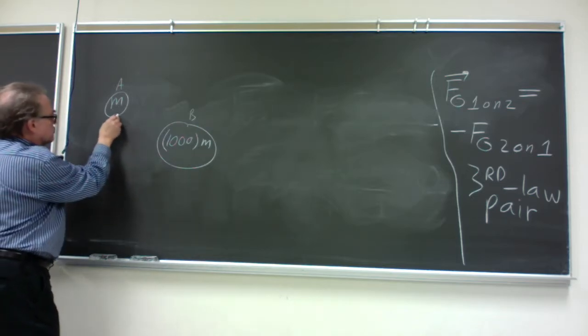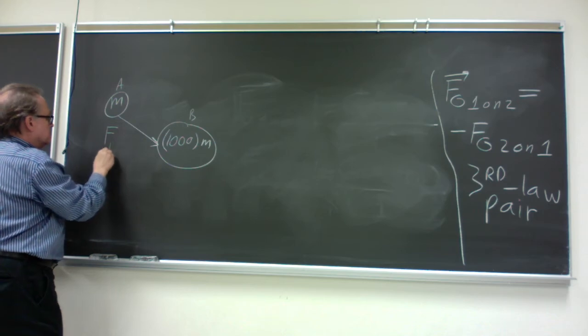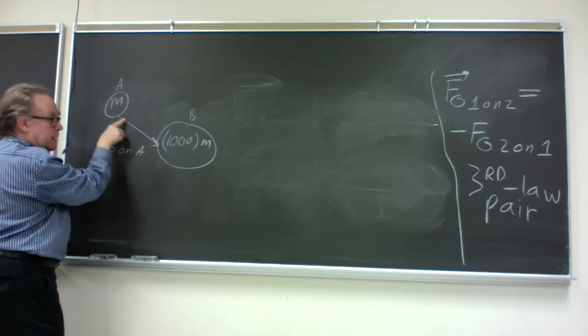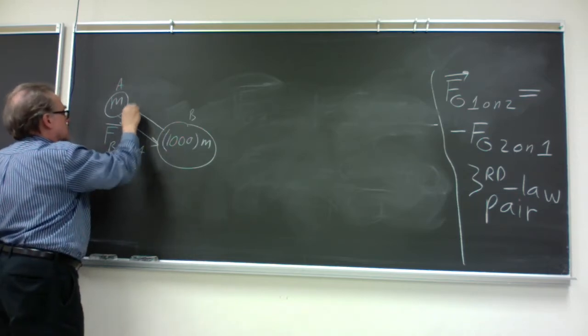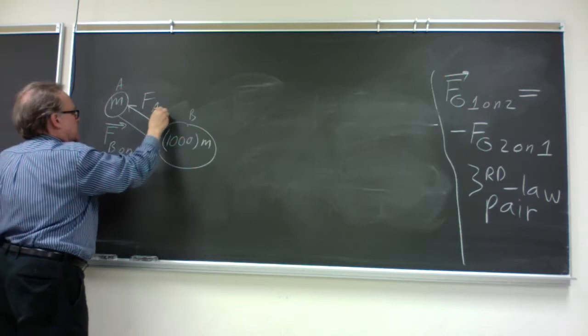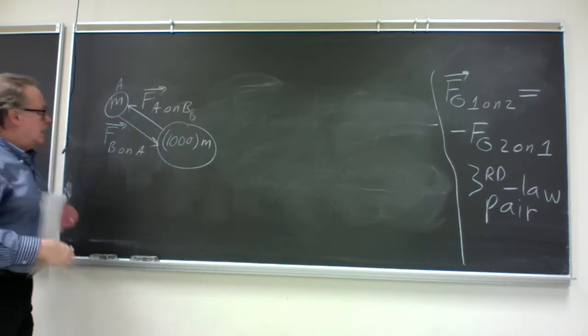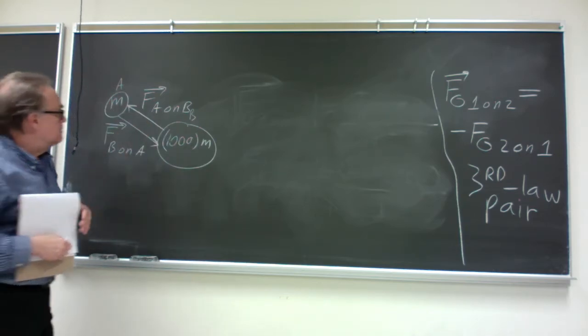So there's a force from B pulling on A, pulling A towards B, and then there's a gravitational force from A pulling on B. A is pulling B towards A.